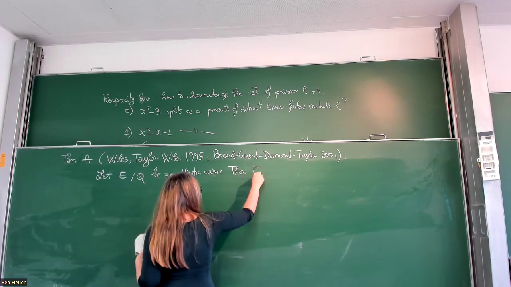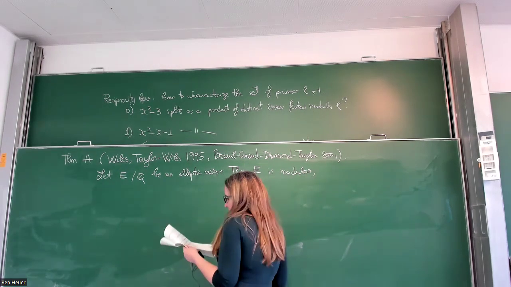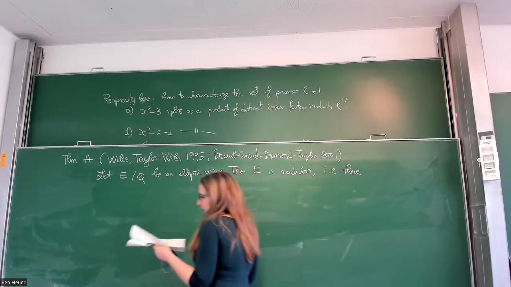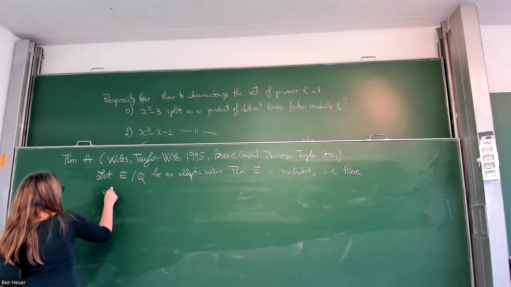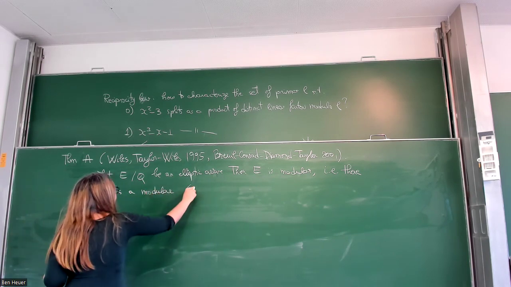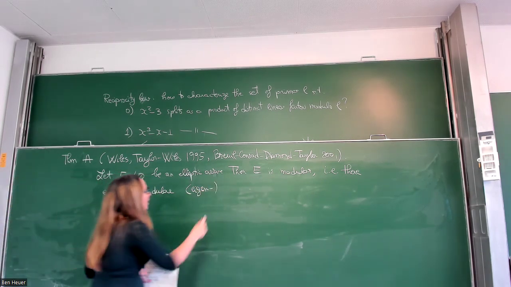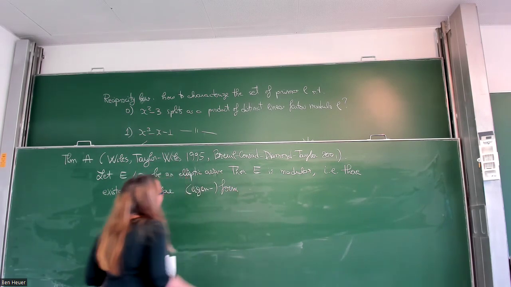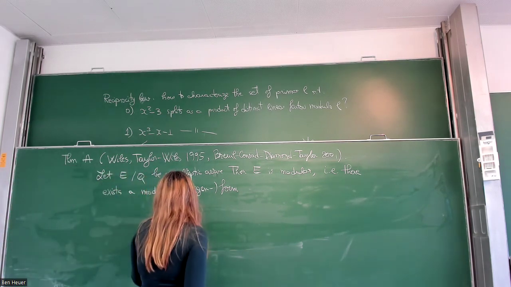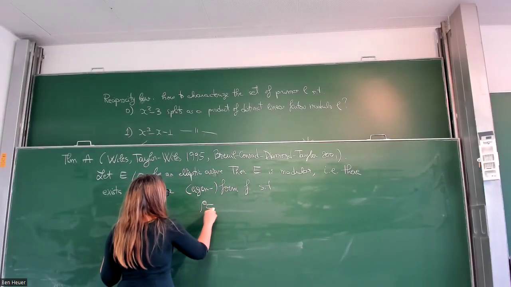Then E is modular, i.e., there exists a modular, and I'll just put this in parentheses because it's a little bit technical, but it's really important to make the theory work, an eigenform, which means simultaneous eigenvector for these Hecke operators, F such that rho E is isomorphic to rho F.